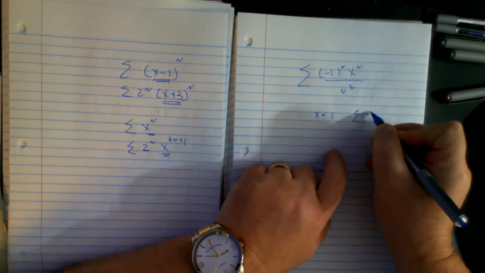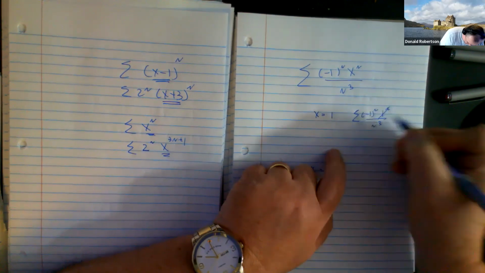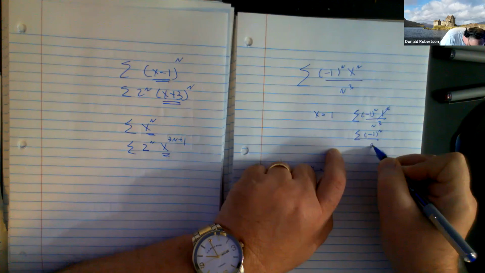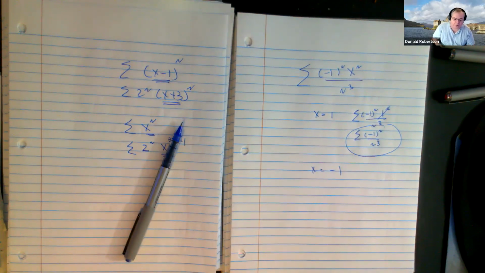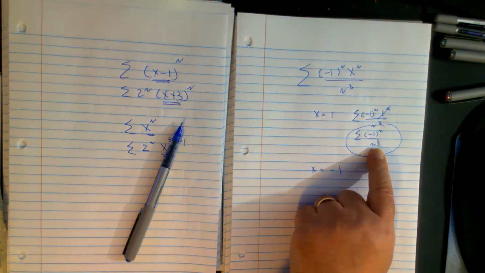So when I get 1 to the n over n cubed, well, 1 to the n doesn't matter, it's always 1. So this guy looks like that. And I base my decision on all the other series that we've done in the past. When I see that one, I see an alternating series where the bottom gets smaller and goes to 0. So I'm doing basically the alternating series test in my head. I know that that converges.